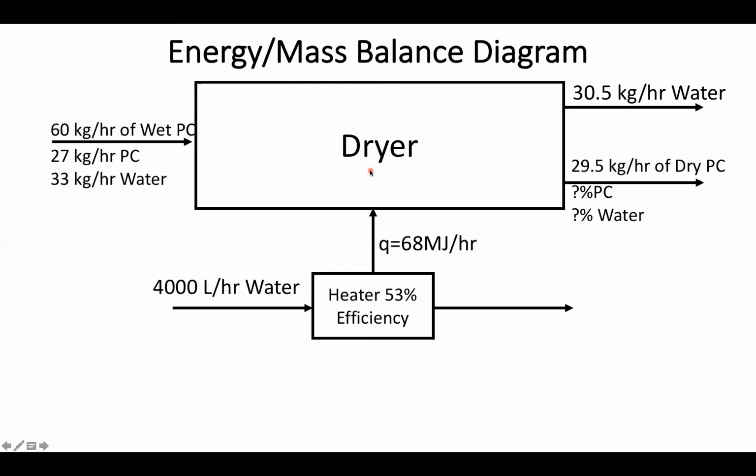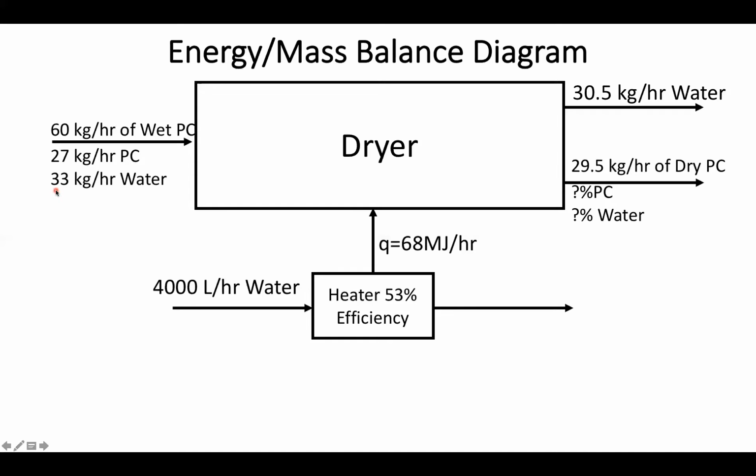Because if I'm evaporating 30.5 kilograms per hour of water, this means that I've got the remaining weight of that 60 kilograms, or 29.5 kilograms per hour, is actually going to be the dry polycarbonate. But then let's look at these numbers.